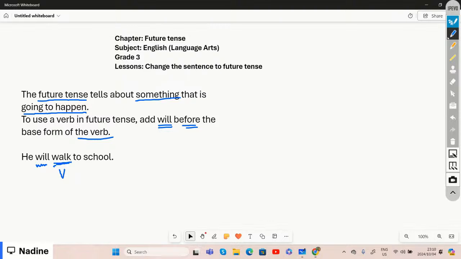If we look at a few more examples, keep in mind that with future tense, we need to add the word will every time, just before we get our verb.